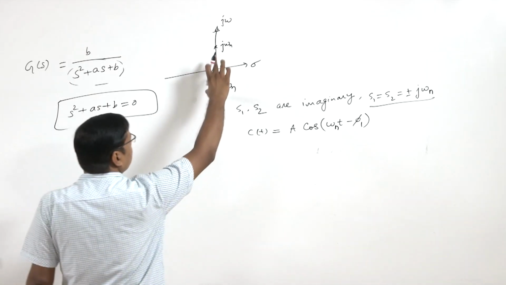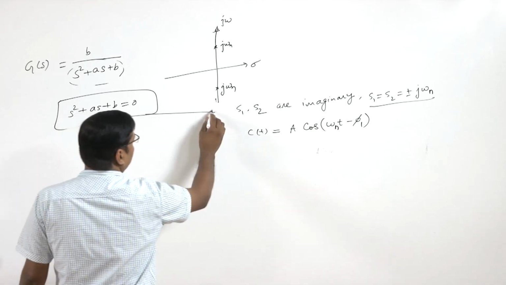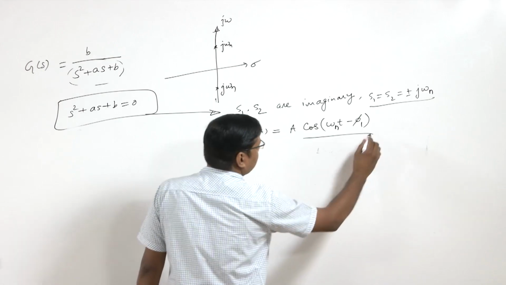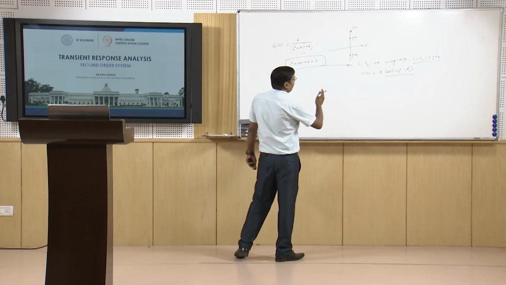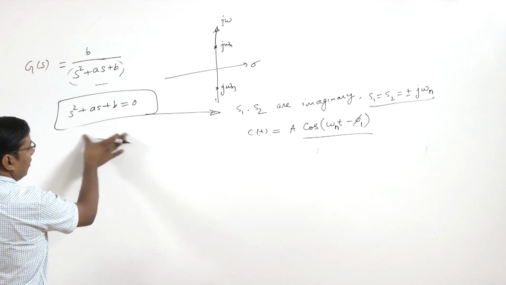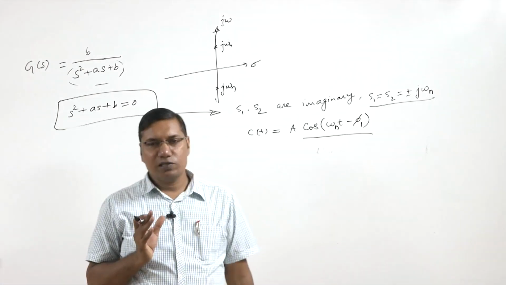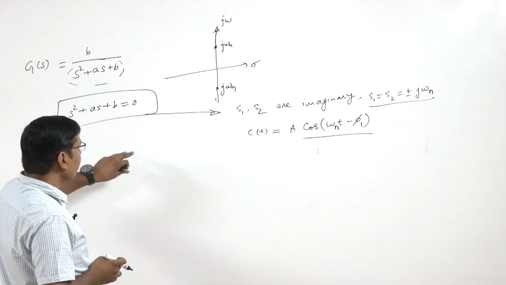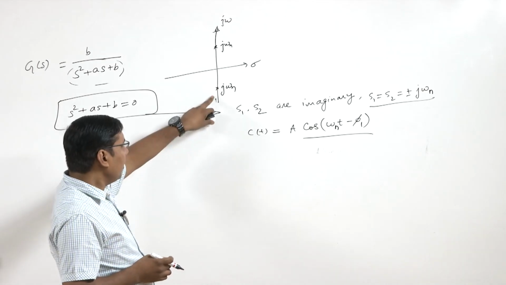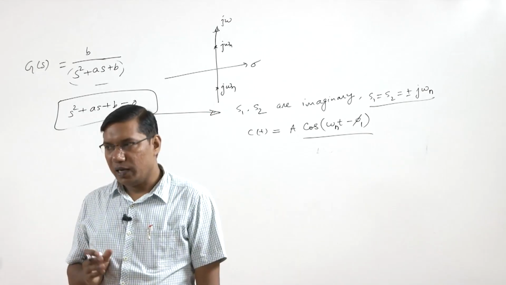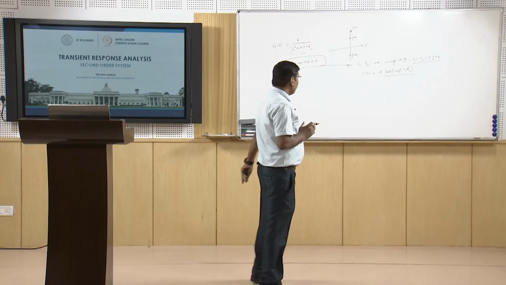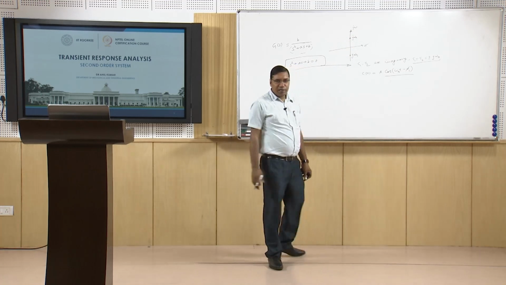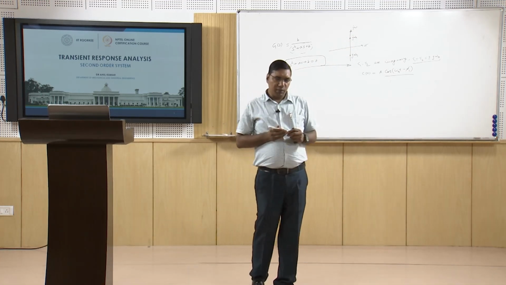These are the two poles of the system, and the response is harmonic. This omega n is called the natural frequency of the system. The natural frequency is defined when the real part is 0, there is only an imaginary part, and so both poles lie on the imaginary axis.